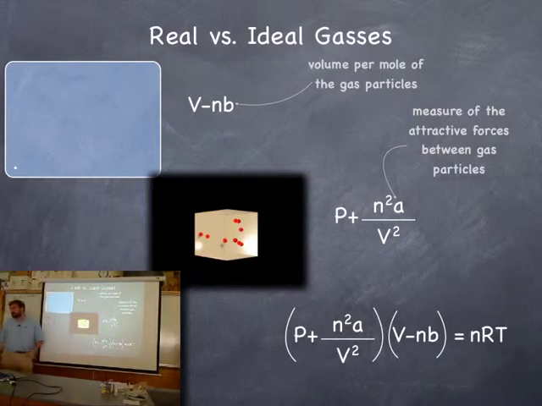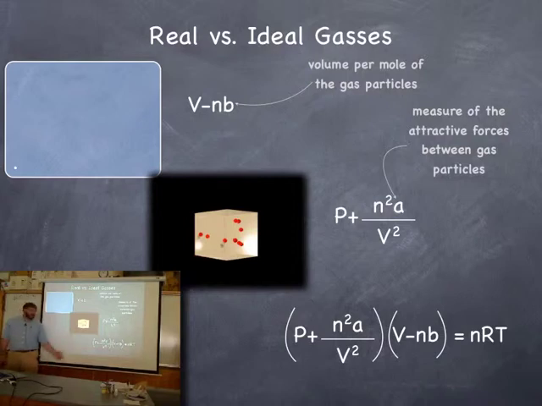Question? Yeah, they'll give you the A and B values if they ask you to do any calculations of this. That's pretty unlikely. They don't typically ask you to do calculations.